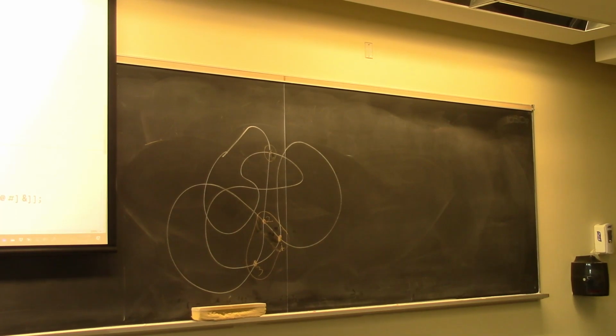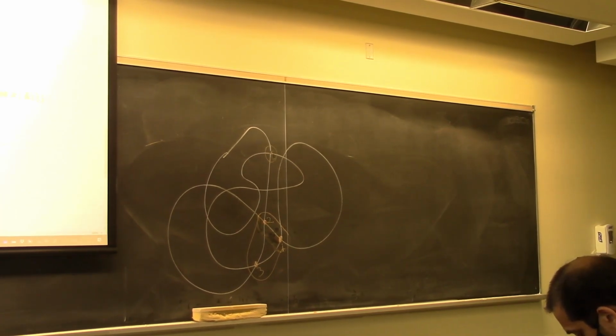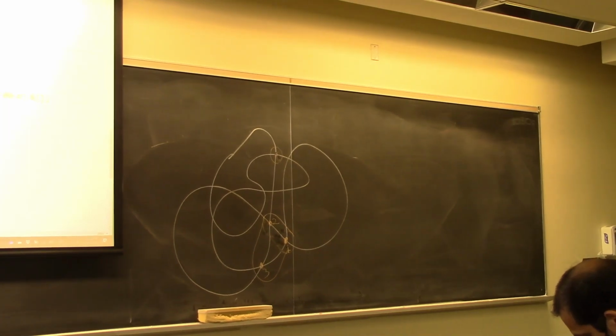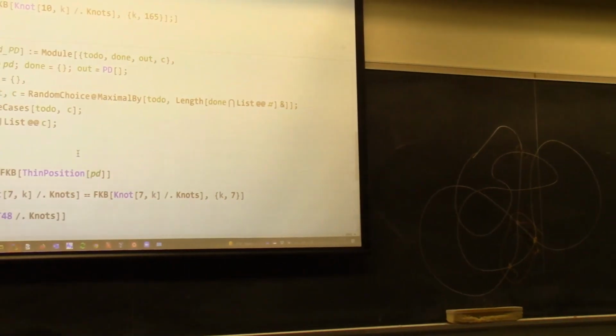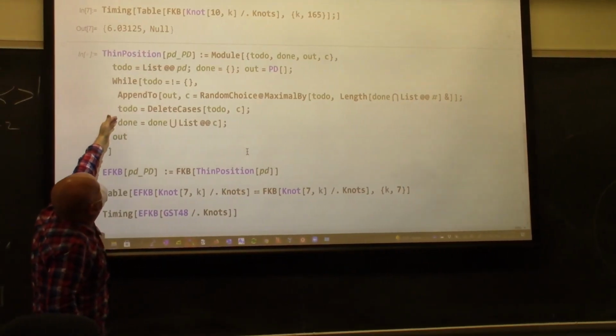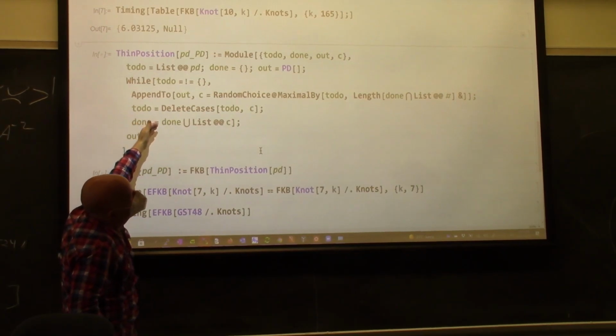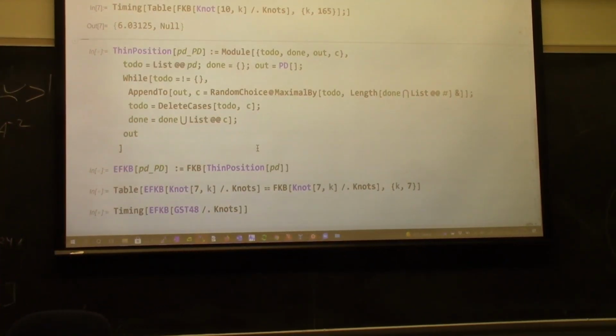You know, I did run out of time, so I'll do it next time. But the program thin position does just that. Well, I don't have time to show. I will next time.